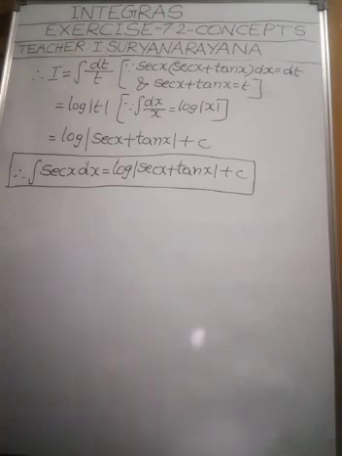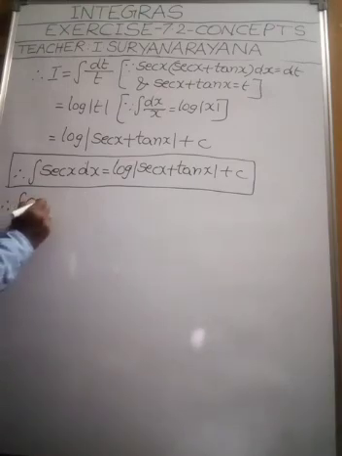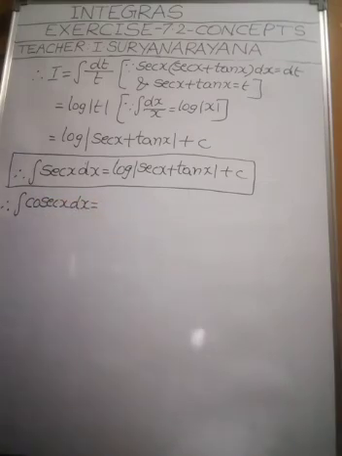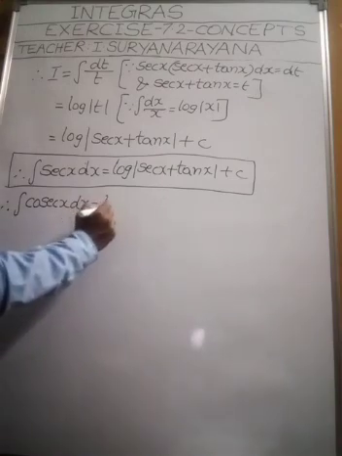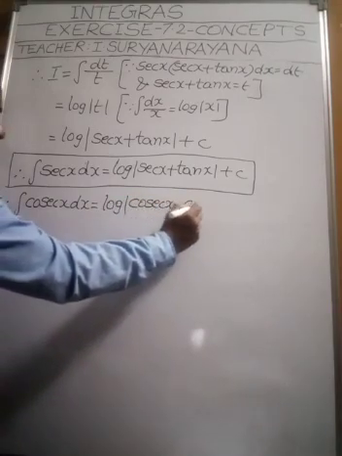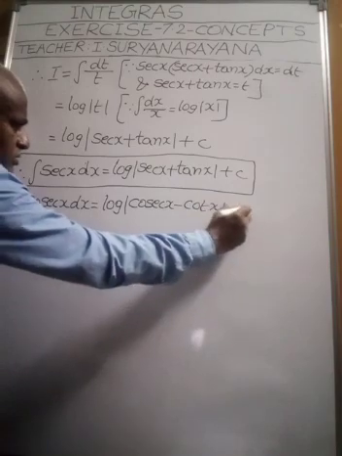Similarly, we prove that integral cosecant x. I am not proving this formula. You try yourself, my dear children. Otherwise, in the textbook also the proof, the solution to this integral is given. Integral cosecant x dx is equal to log mod cosecant x minus cot x plus c.